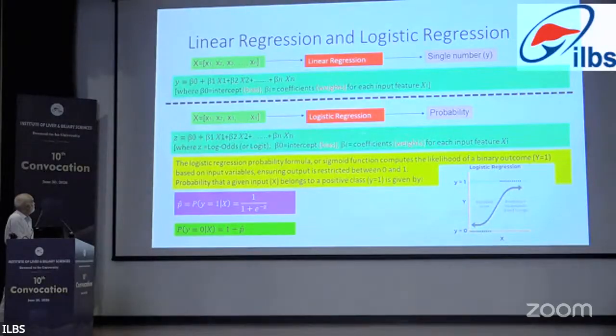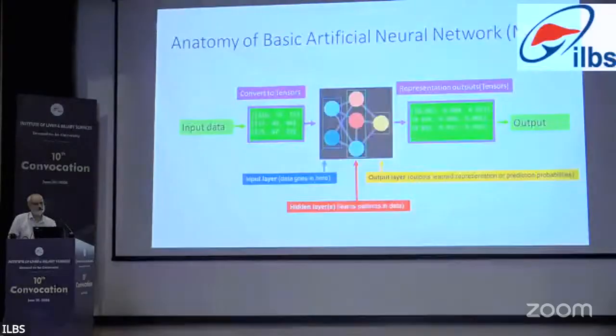And then Z is fed into this formula. Don't bother with this formula, where it gives the probability. So in linear regression, directly we get a single number. In logistic regression, we get a single number that is again converted into probability. And finally, we get a sigmoid curve where probability varies from 0 to 1. So this is the sigmoid function. We'll come back to this again.